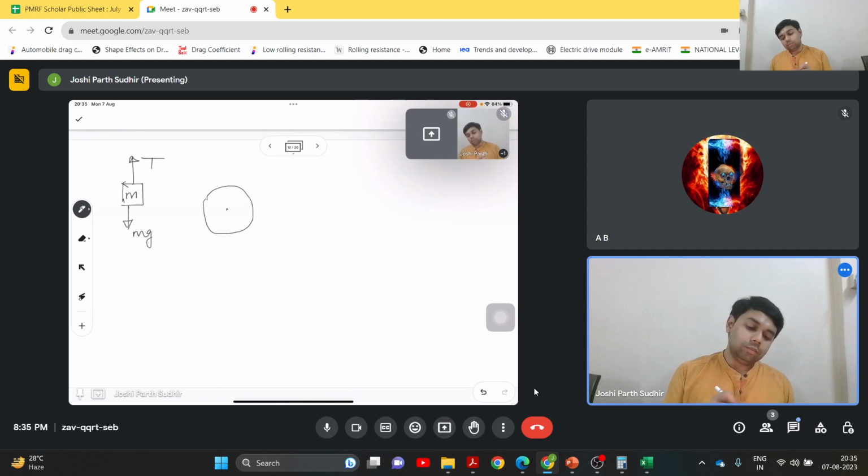Let us call this tension T1, and let us say this is tension T2, which is exerted by the spring. This has moment of inertia J. The pulley is not massless. It has some moment of inertia.